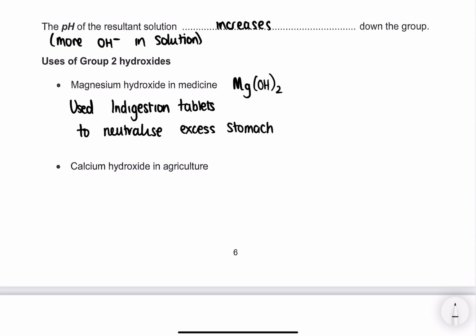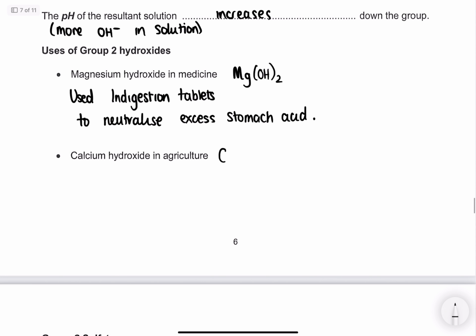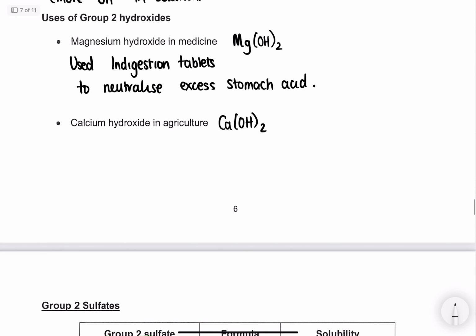So it reacts with the stomach acid and neutralizes it. Then we use calcium hydroxide in agriculture, in farming, because calcium hydroxide neutralizes acidic soil.